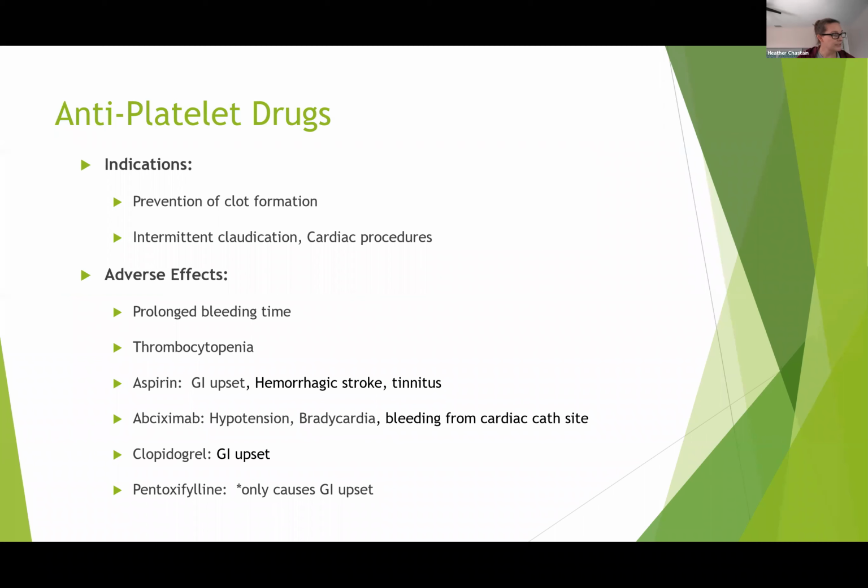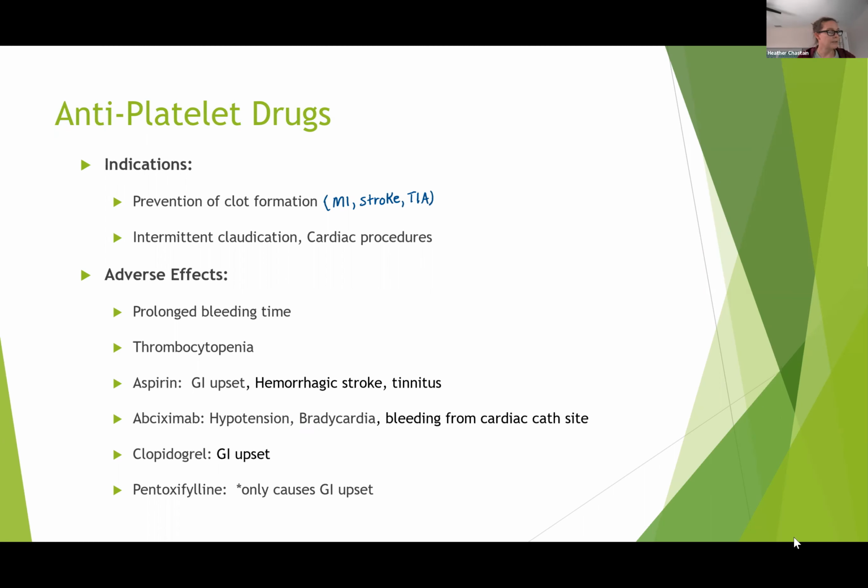Okay, so indications. We're going to prevent a clot, right? So clots cause MIs, strokes, and TIAs. So we're trying to prevent all that, right? Some are used for intermittent claudication, which is when you get muscle cramps or pain during exercise because you have a decrease in blood flow to the extremities from an occlusive artery disease of some sort.